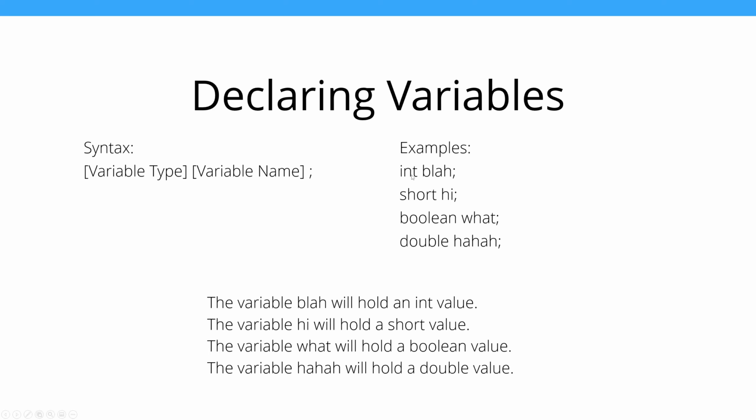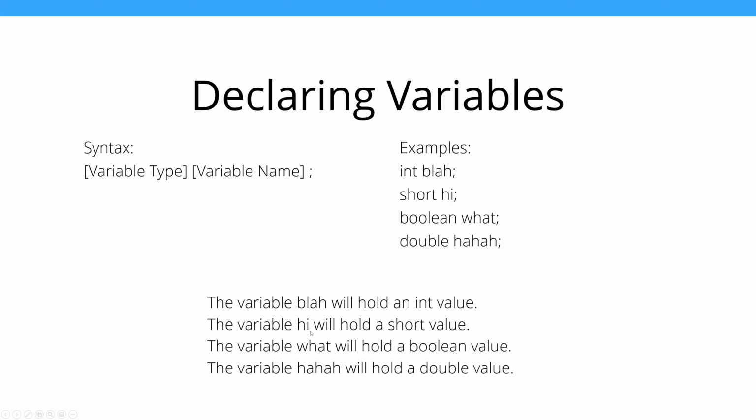But on the left side are some words that you might not quite understand. What is an int, short, boolean, double? Well, these are primitive variable types, and we're going to get to listing them out in part 4 of this video. But we can think of it as the variable blah, right? Blah is the name of the variable, the second word. It's going to hold an int value, so the type on the left-hand side.